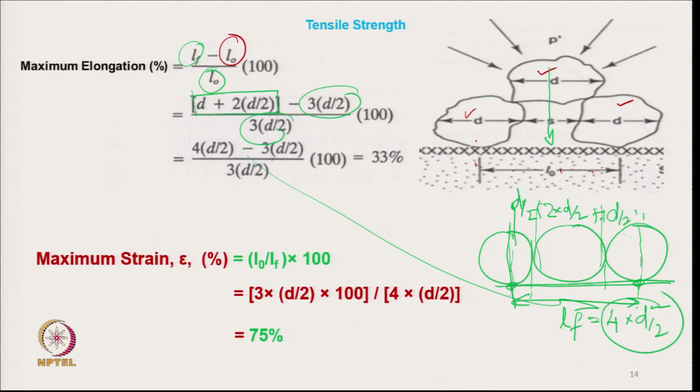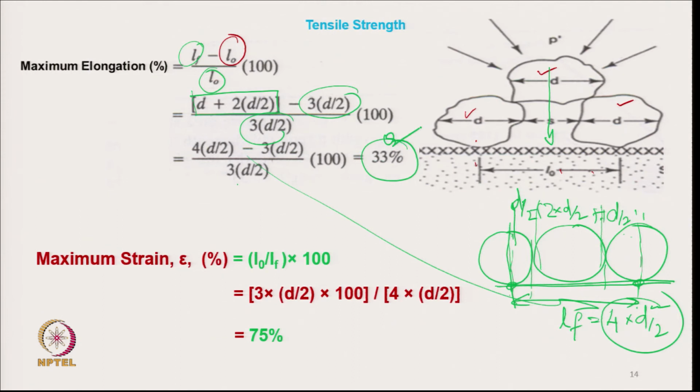That means the maximum elongation we get is (4 minus 3) by 3, that is 1 by 3 multiplied by 100, which is 33%.